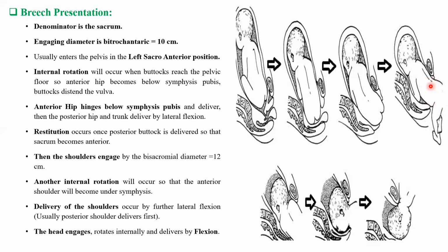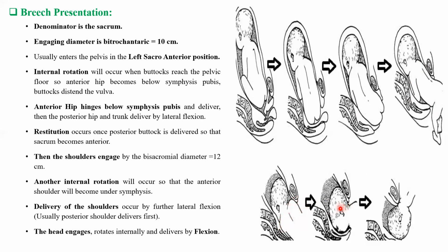This will occur spontaneously, and it's called restitution. After restitution, the shoulders will engage, and the engaging diameter here will be the bisacromial diameter, which equals 12 centimeters. Then internal rotation will occur, so the anterior shoulder will be below the symphysis pubis, and the posterior shoulder will be delivered first, followed by delivery of the anterior shoulder.